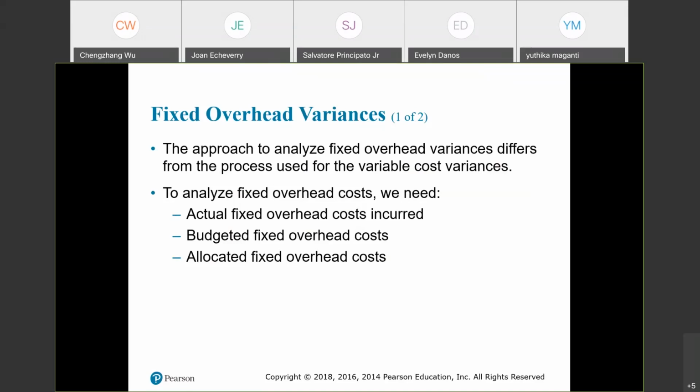Keep in mind that the budgeted amount for fixed overhead is the same in both the static budget and the flexible budget, because fixed costs are not expected to change in total when there is a change in volume.